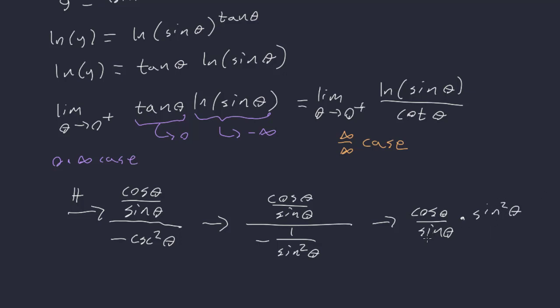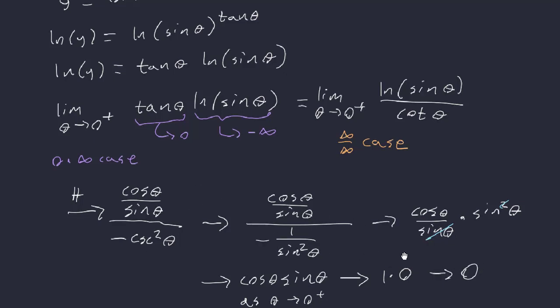So the sine down here will cancel with one of them up here. So this ends up being cosine theta times sine theta. And remember, we are taking the limit as theta goes to 0. So as theta goes to 0 from the right, this goes to cosine of 0, which will be 1, times sine of 0, which is 0, so we get 0.